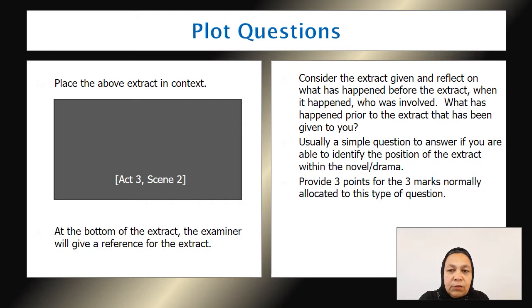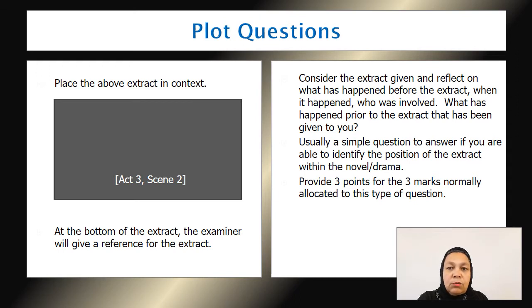So you focus on events inside the extract itself and also what happened before the events in the extract transpired. This is usually quite a simple question to answer if you are able to identify correctly the position of the extract within the novel or drama.